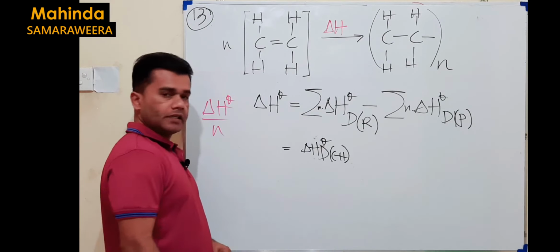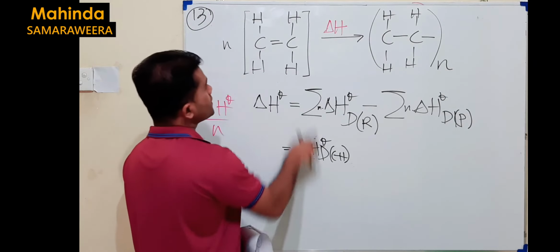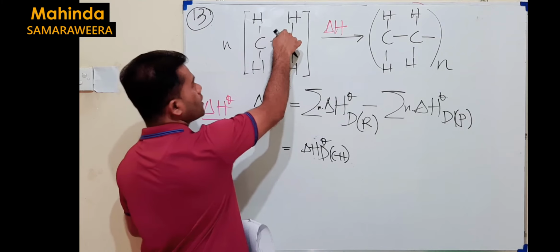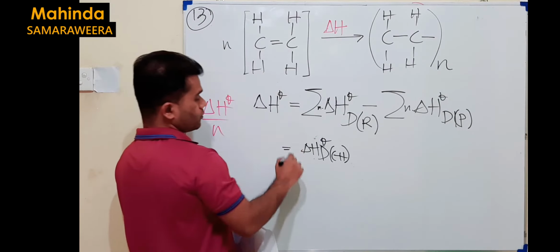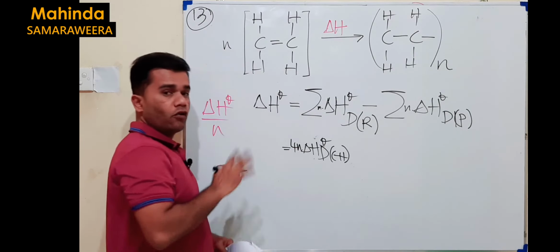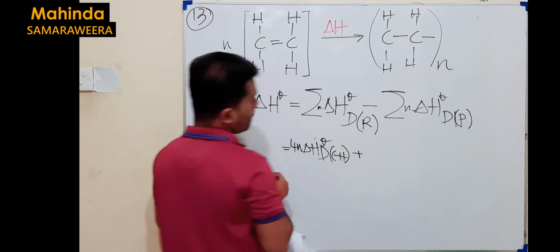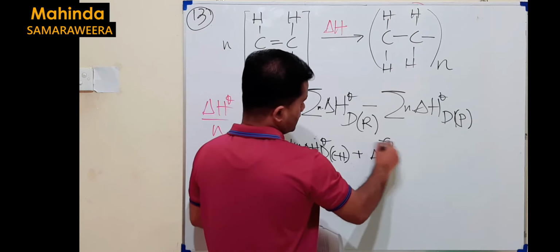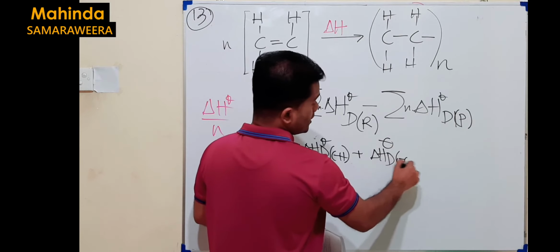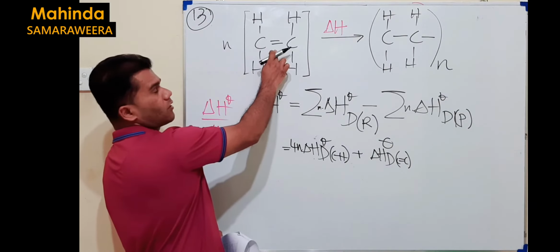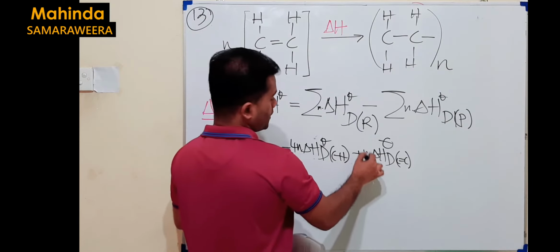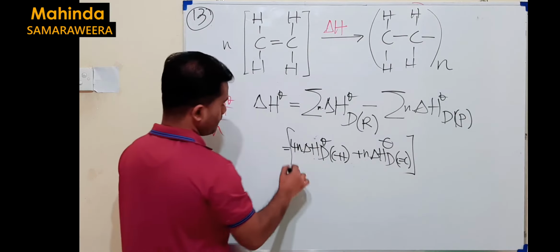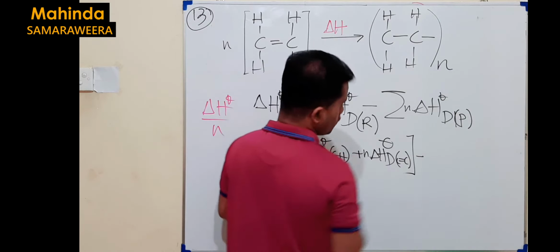But how many moles of C-H? 1, 2, 3, 4. So it should be 4n times this, plus the other bond we break, the double bond, delta H theta D(C=C). But it's not just one, it's n moles. That's the reactant.